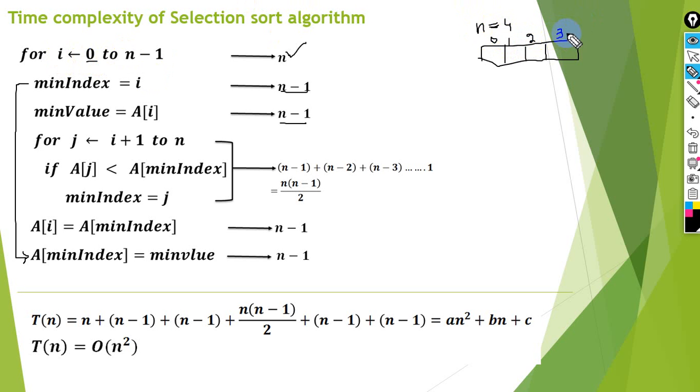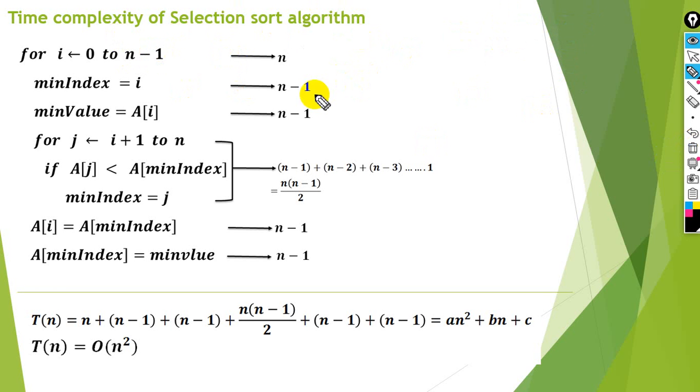When we take the condition, i should be less than 4, so it will execute up to 3, that is n minus 1.